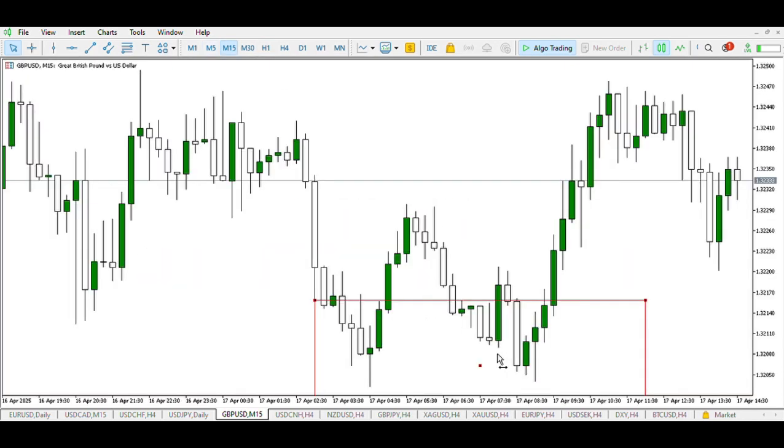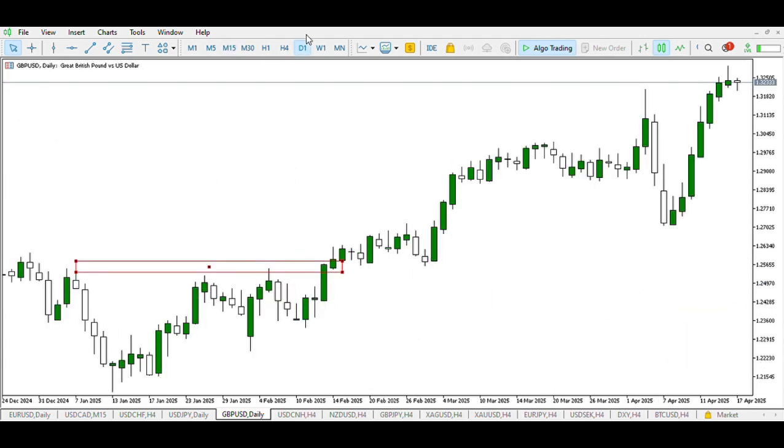On the 15 minutes, there is no clear pattern, so we just wait for price to generate a clear pattern, then you can scale in. So the top down analysis, it is as simple as that.